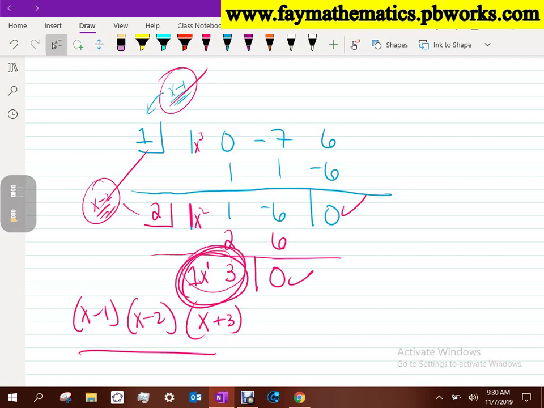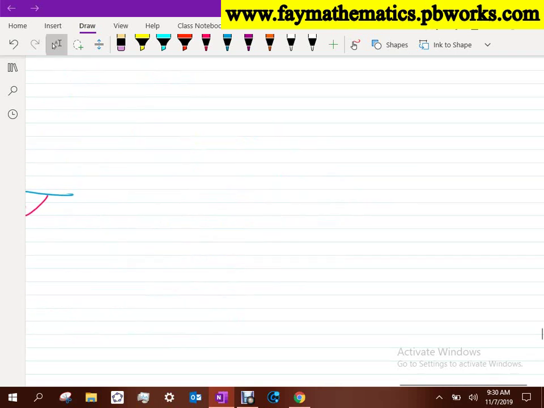Okay, so let's do one more here. Some of your questions are going to say something like this. Let p of x equal x cubed minus 4x squared minus 7x plus 10.